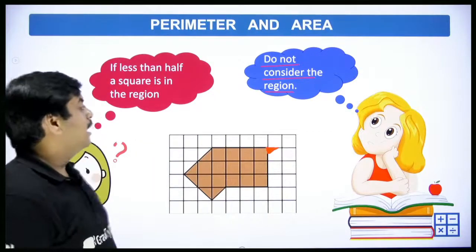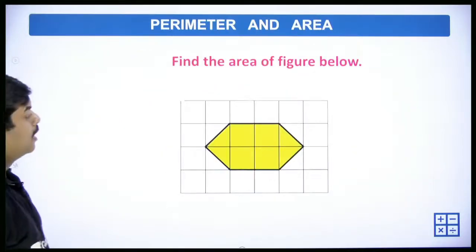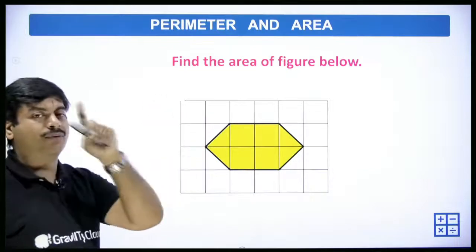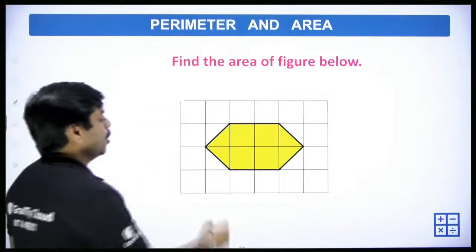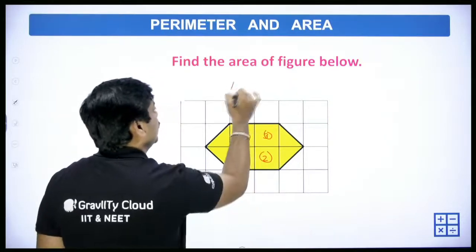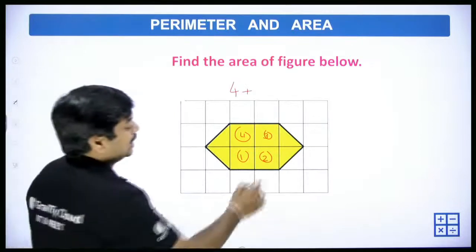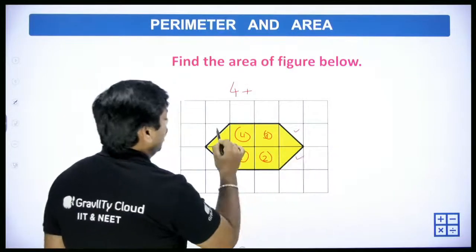Okay. Next one. We need to find the area of this figure. Let's say each box is 1 square unit. So we have 1, 2, 3 and 4, so total 4 square units plus, it is exactly half, half, half and half.